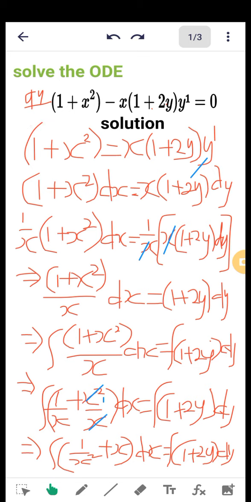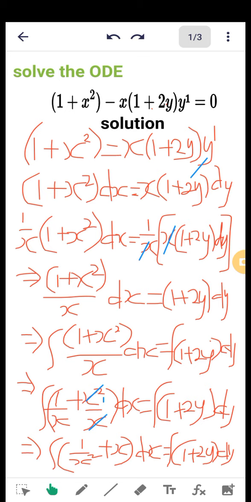So multiplying through by dx, we obtain this equation.